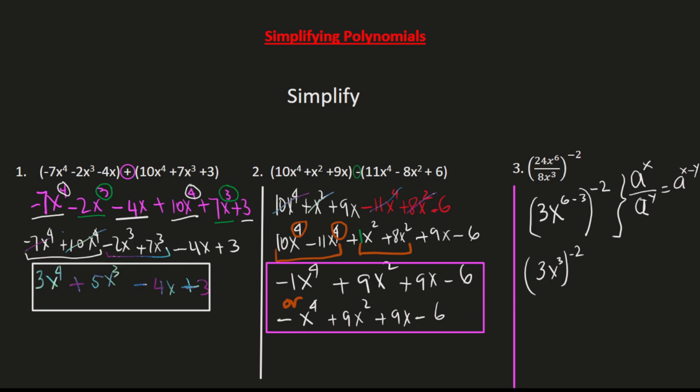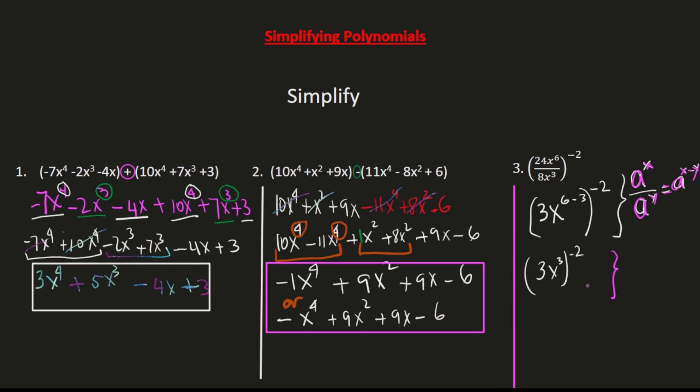So this is a to the x over a to the y is equal to a to the x minus y. And at the bottom here, there is a rule for that one as well. This is negative exponent.